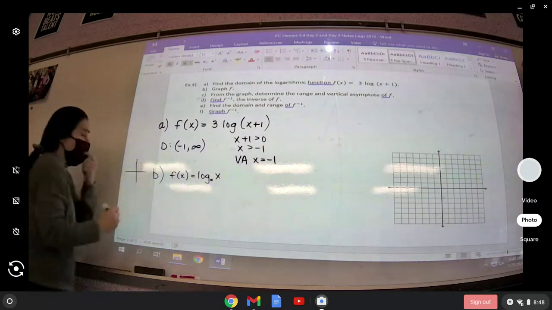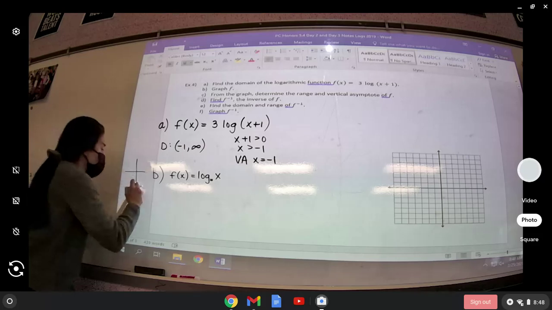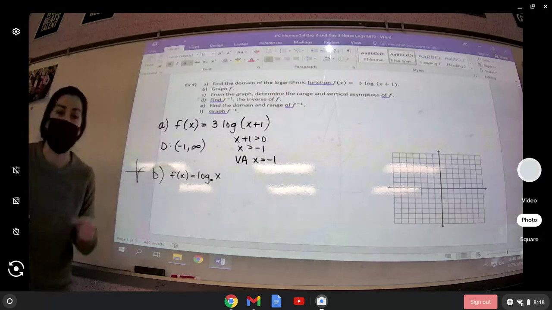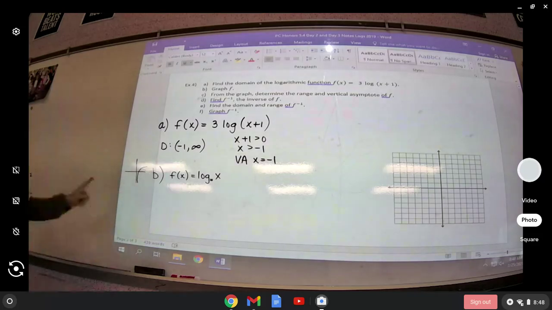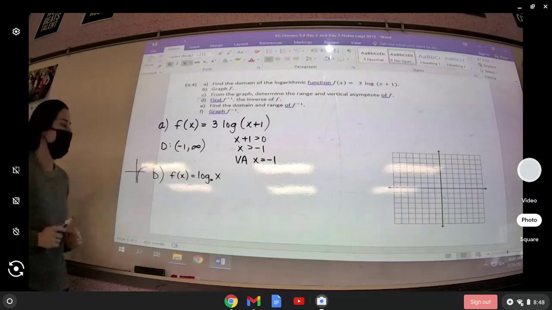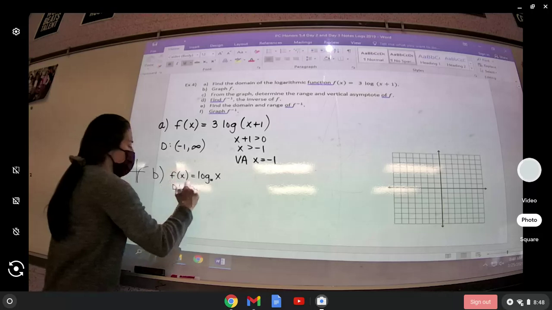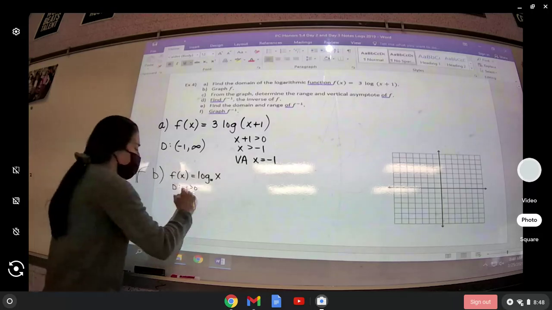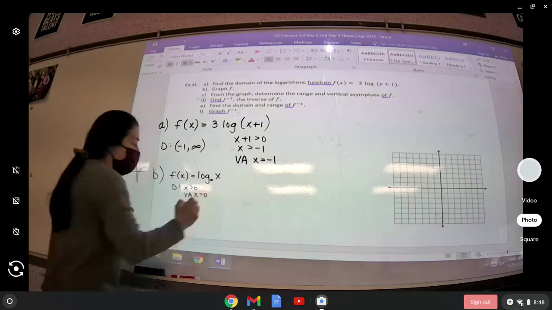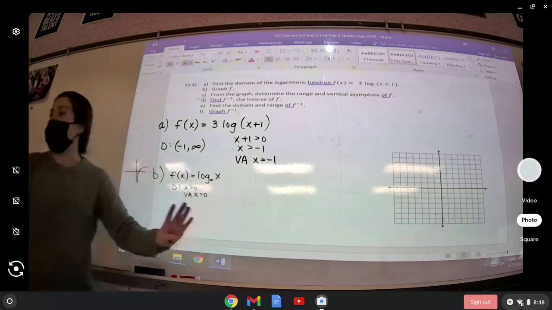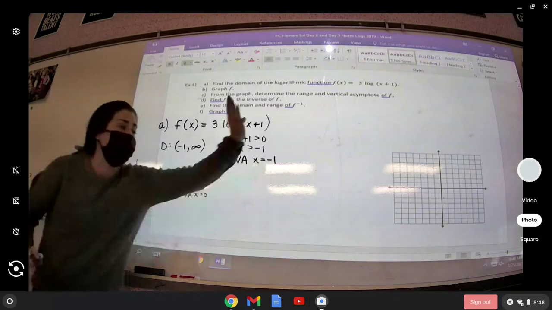So that means if the base is 10, bigger than 1, the original graph would have shown that logarithmic slow growth. So his graph would have looked like that. All right, his domain would have been x is greater than 0, which would have put a VA at x equals 0. Just like all original log graphs, they start with that VA at x equals 0.